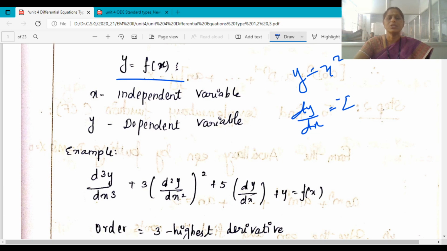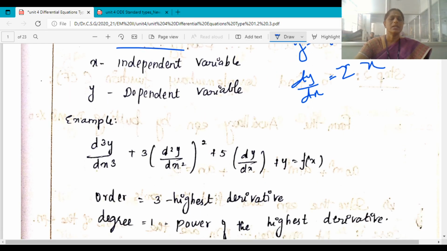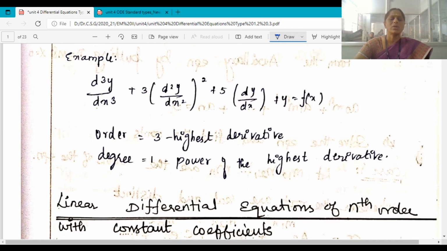So before getting into the general format of an ordinary differential equation, let us have an idea about what is an order and what is a degree. In an ordinary differential equation, order is nothing but the highest derivative and degree is nothing but the power of the highest derivative.